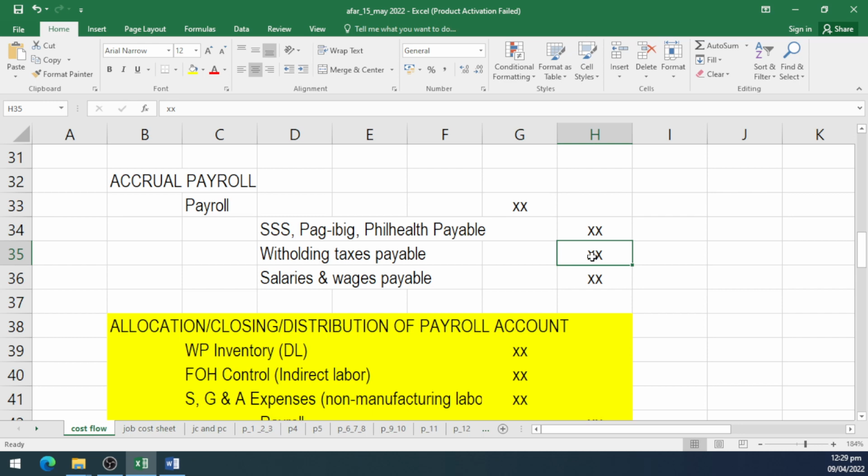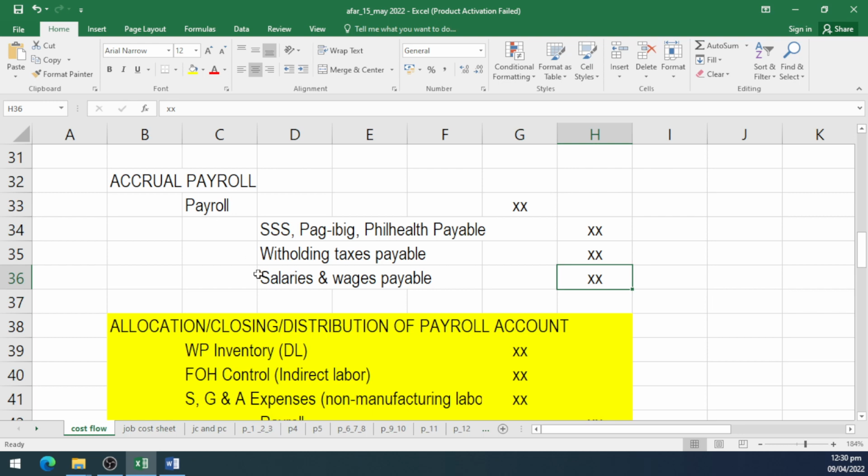Withholding tax at source. Silang magre-remit sa Bureau of Internal Revenue. And then, for the net, we have salaries and wages payable. Of course, pag mayroon pang mga ibang deduction like union dues or advances or loans, nakabawas din dyan. So, the net will be credit to salaries and wages payable.